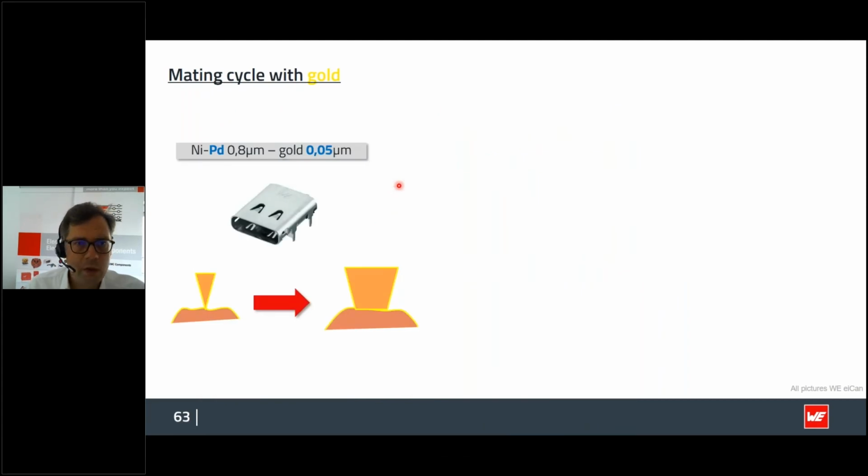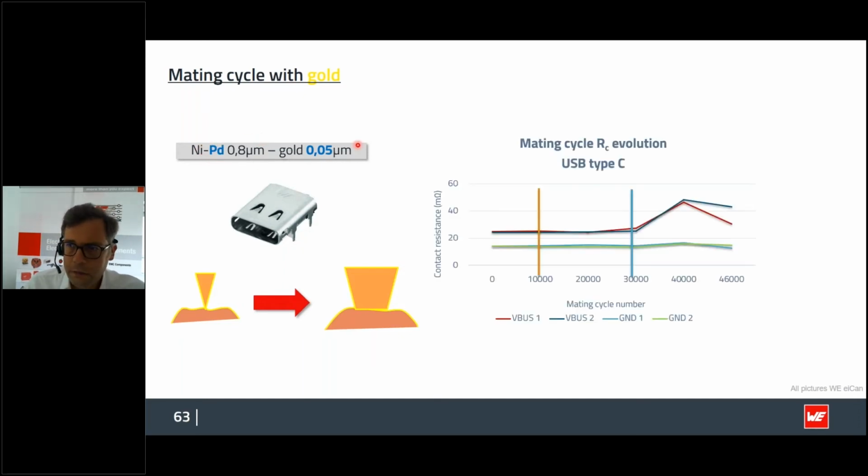What you can also do to improve the number of mating cycles is to use palladium in addition to gold. Especially for USB-C types, you have a much higher number of mating cycles, which is defined by the USB organization. In this case, it's at least 10,000 mating cycles. Also, the colleagues did some research here and performed 30,000 mating cycles.